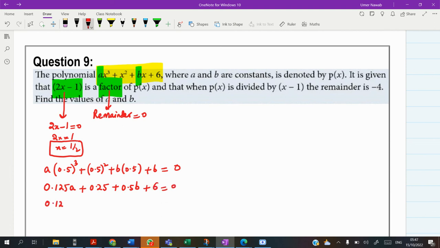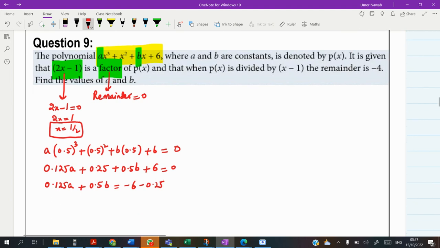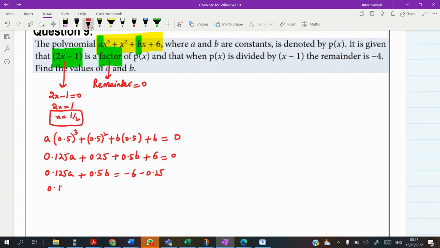So keep 0.125a here and 0.5b here, and send 6 to the other side and also 0.25 to the other side. So it will give you 0.125a plus 0.5b equals minus 6.25. This is equation number 1.